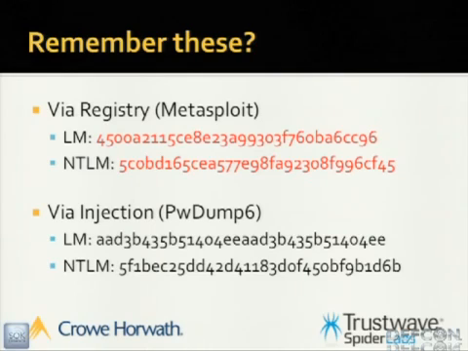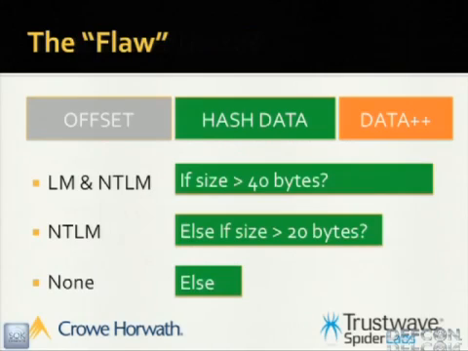So let's take a look at this logic one more time. Like Ryan said, we focused on Metasploit, so that was our primary goal: debugging and trying to figure out what was going on. And we did have some samples that actually yielded these corrupted hashes.